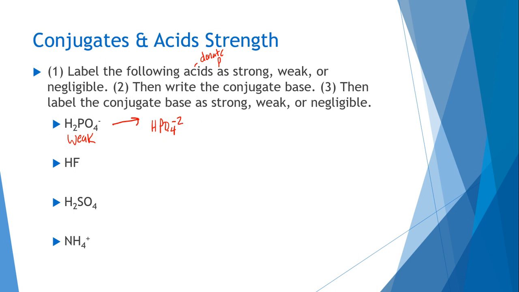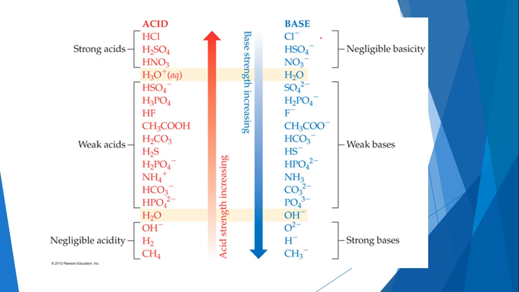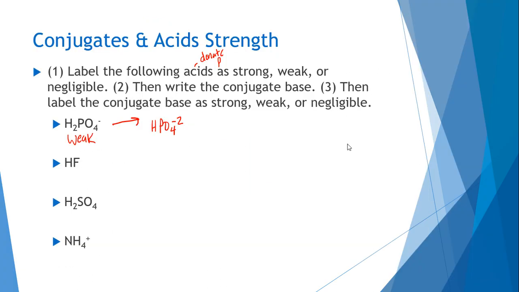Then I'm going to see what this would be for my base. If you look at it, HPO4 -2, I'm going to see that that is a weak base. So then for the conjugate base, we say if it's strong, weak, or negligible, which we said was weak.